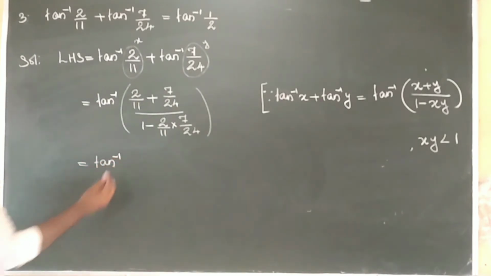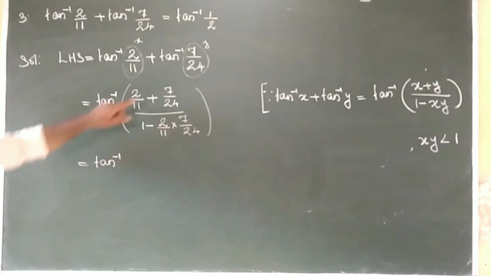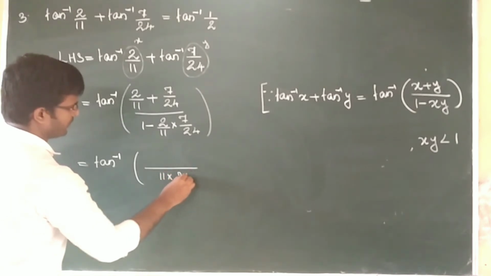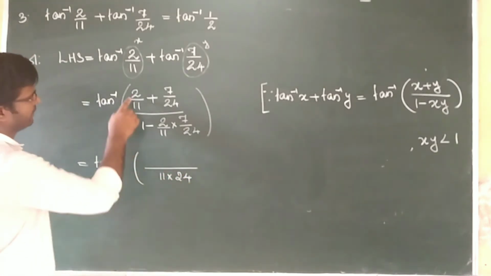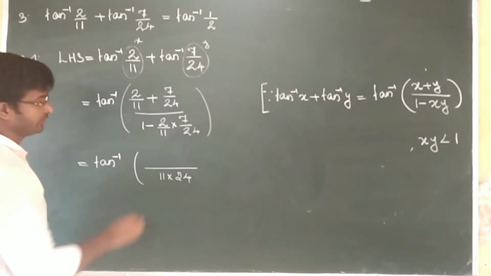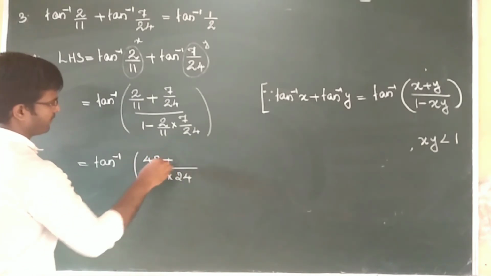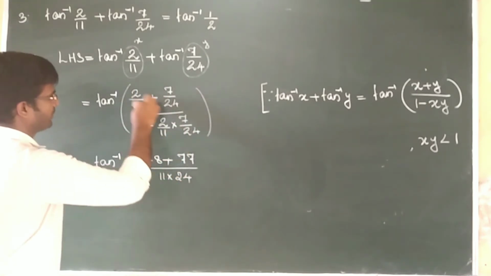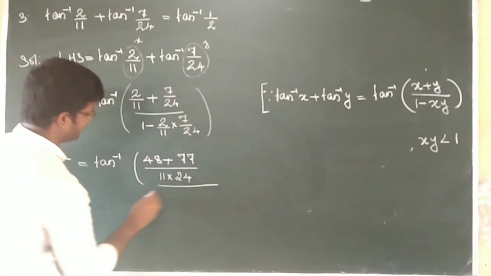Tan inverse, we can simplify. In here, take LCM. What is LCM? LCM will be 11 into 24, isn't it? Then 2 into 24 is 48, plus 11 into 7 is 77. Only this part.